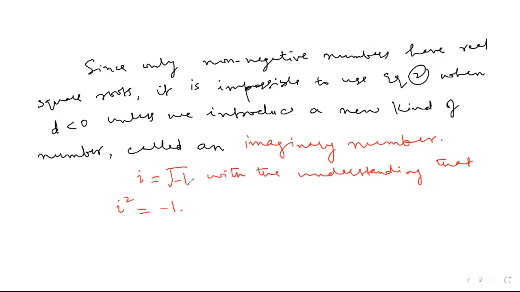So we use the symbol iota for square root of -1 with the understanding that iota square is -1.